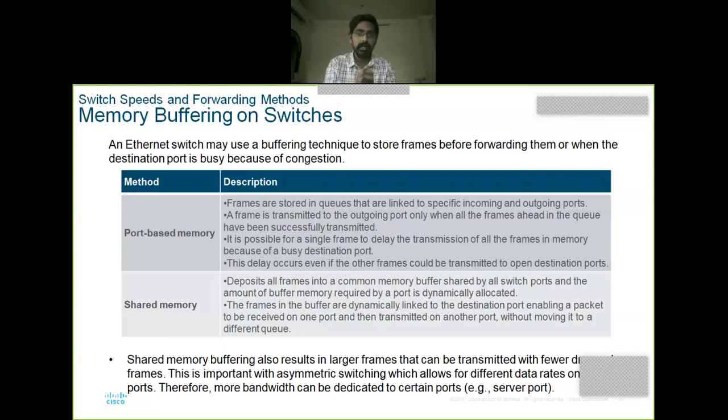Port based memory means, as in the previous diagram where the switch had four ports, 1, 2, 3, 4, there is a dedicated memory for each port. If there is only one memory shared by all the ports in the switch, that type of memory is called shared memory.